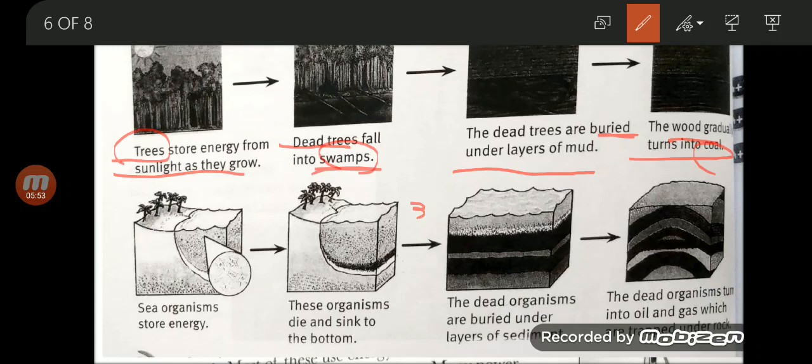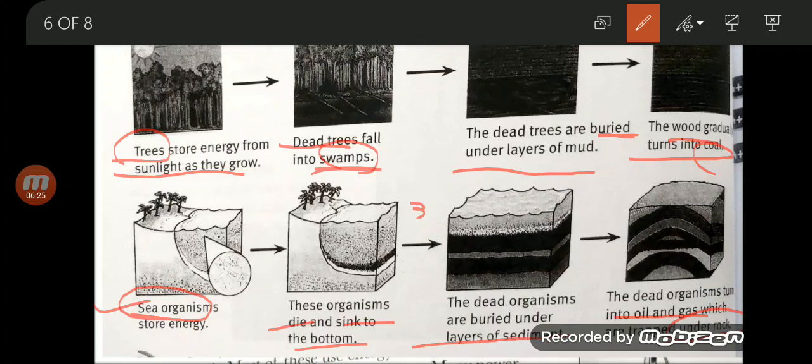Now, here, sea organisms are also a source of energy. They store energy. These organisms die and sink to the bottom of the sea. Then the dead organisms are buried under layers of sediments or mud, stones, etc. The dead organisms are converted into oil and gas, which are trapped under rocks.